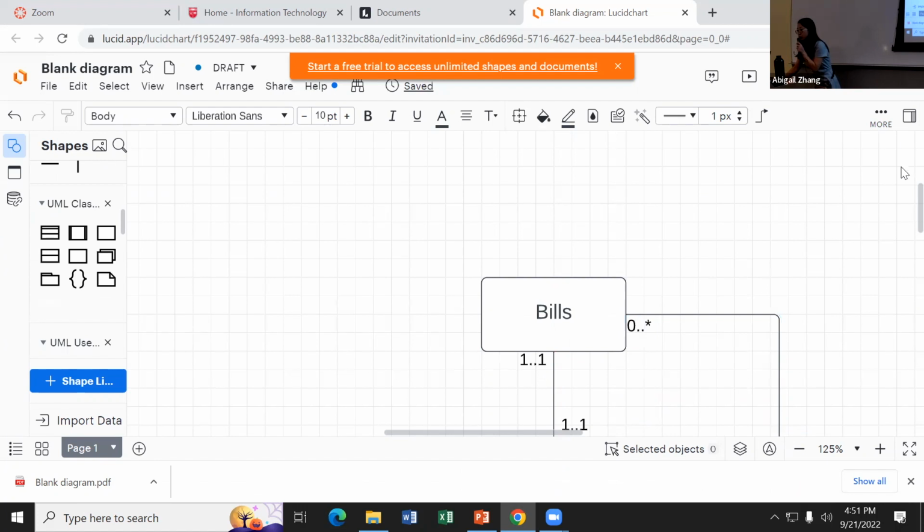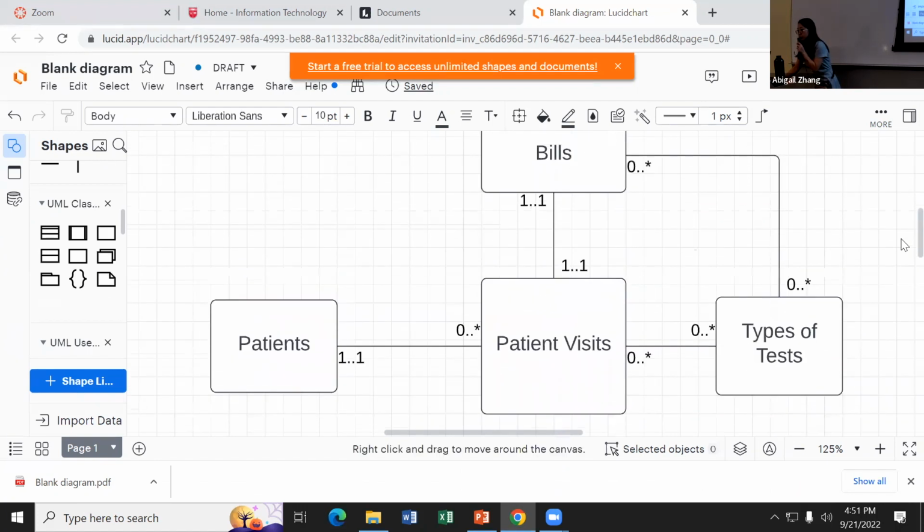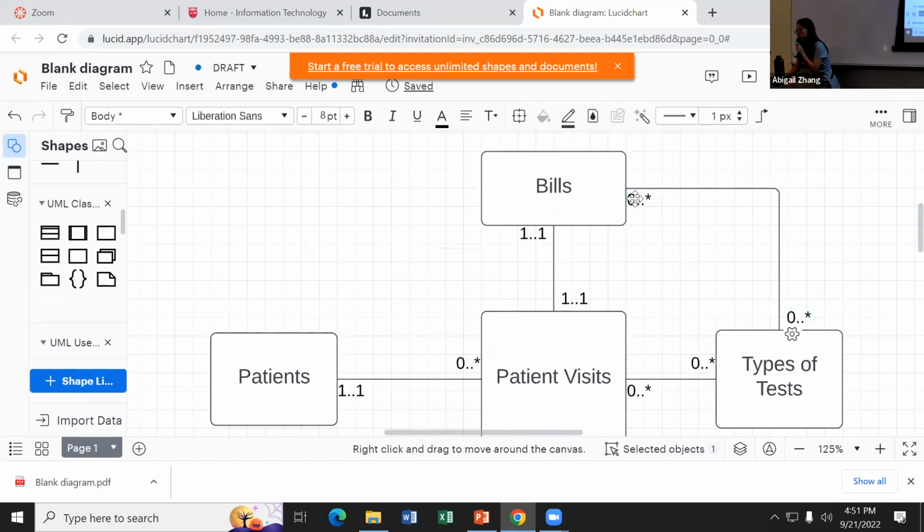Okay, so let me explain one more time. The reason why the minimum is 0 is that there could be some type of test that is never applied because it is so rare, but that type of test is available. It's just never being applied, and therefore it will never be reflected in any bills.